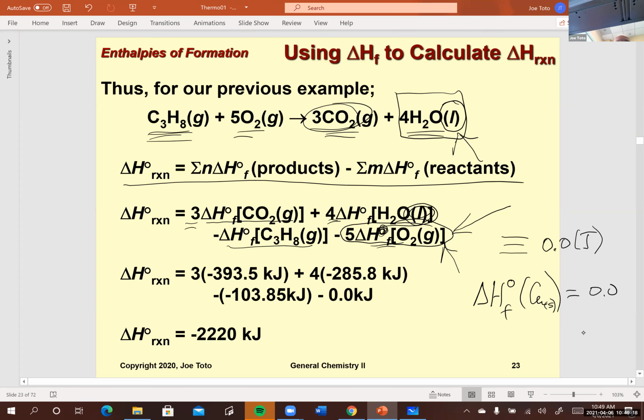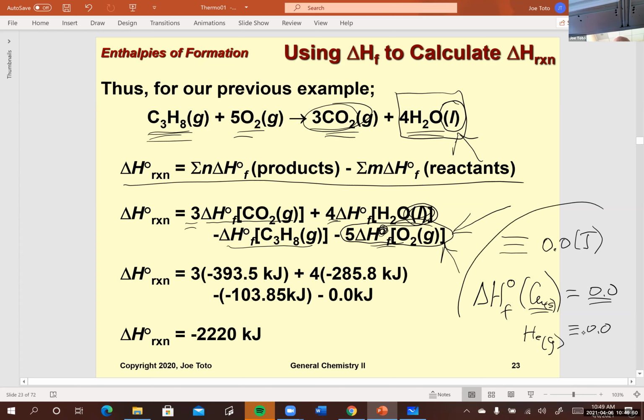Right? So you have to look at the periodic table. And if you see the periodic table, sometimes they're color coded, and the ones that are in black signify solids. So copper is a solid under standard conditions. So its delta H of formation is 0. How about the delta H of formation of helium gas? Zero, right? And so forth.